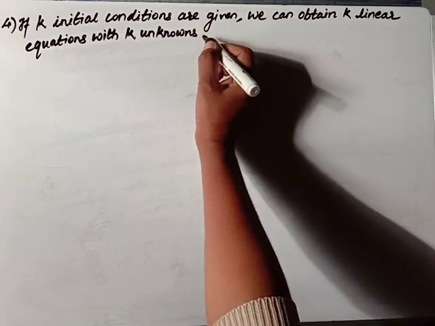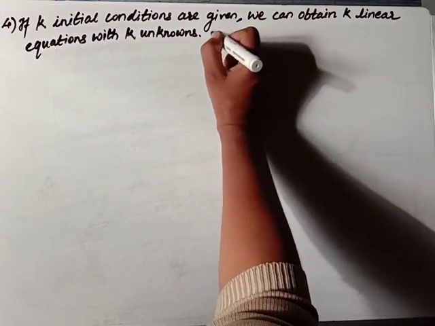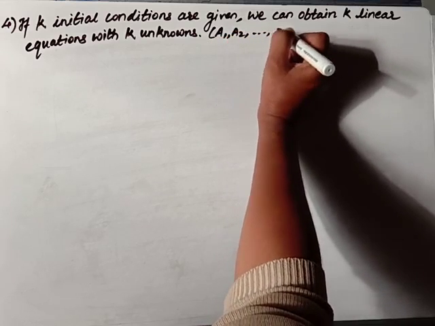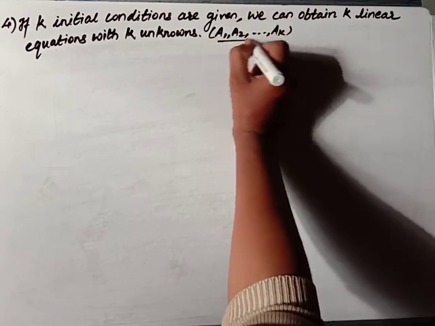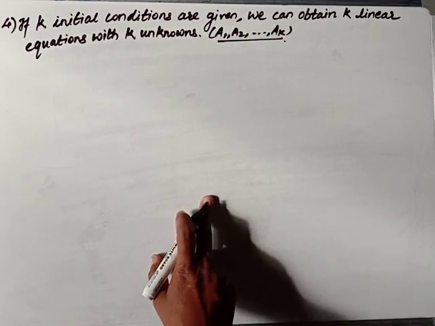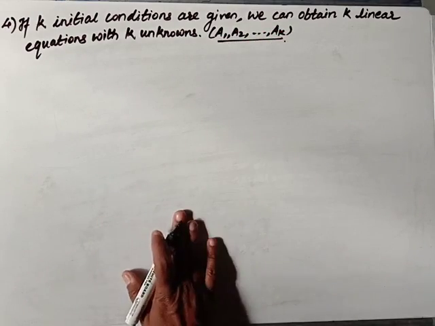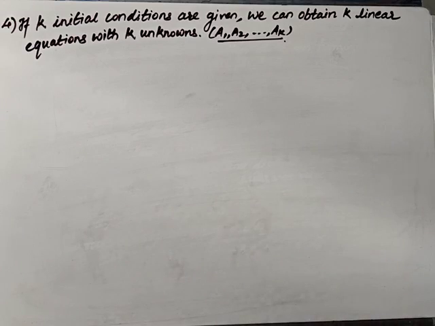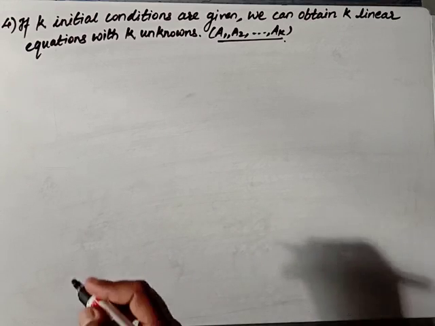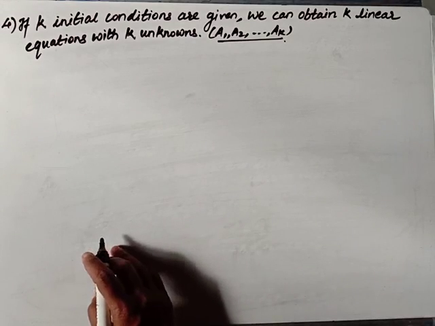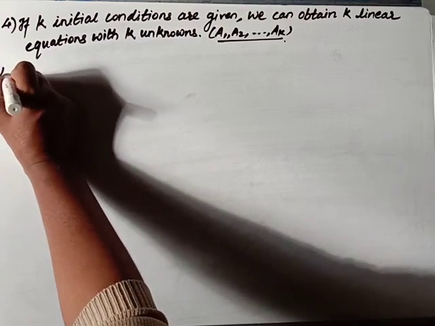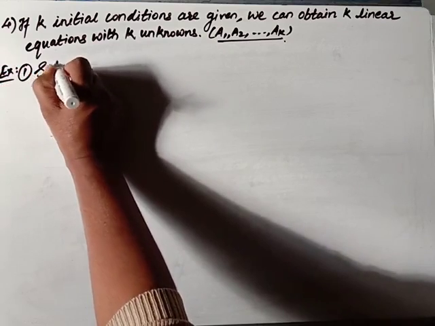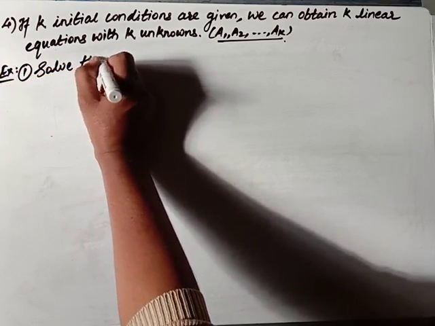And while solving those equations, we will get the values of those unknowns. For your understanding, I am writing these in a bracket: A1, A2, so on up to Ak. These we have to find at last and substitute in the homogeneous solution. Now, let us take the example so that you will get it. So, let me take the first example. Solve the recurrence relation.